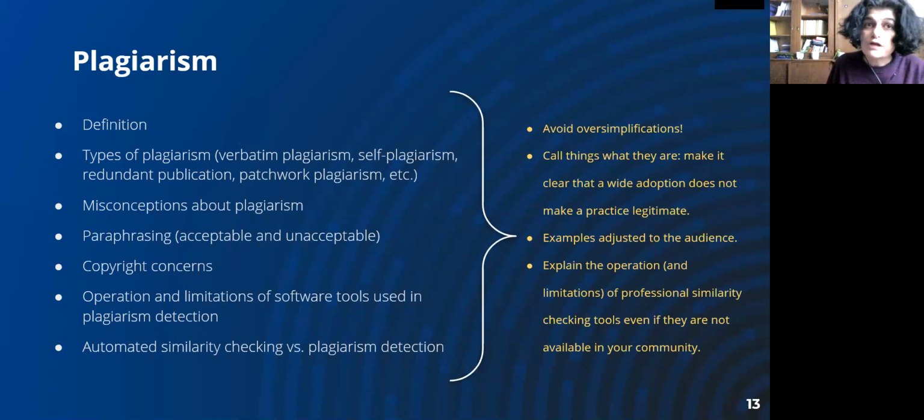And also I tend to explain the difference between plagiarism detection and similarity checking, because those tools check the similarity between texts, and plagiarism detection involves the evaluation of what is automatically detected. So it involves a human factor. We need a human to evaluate whether something is plagiarism or not, because what will be identified as similar depends also on the settings of the tools we are using.